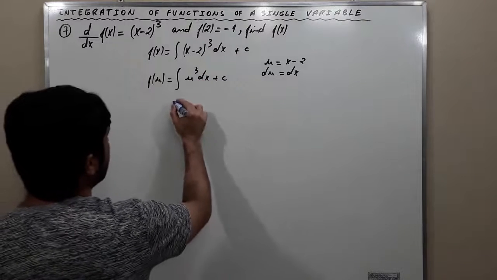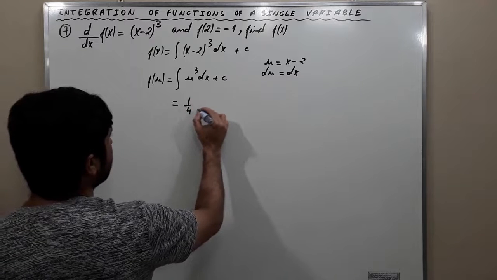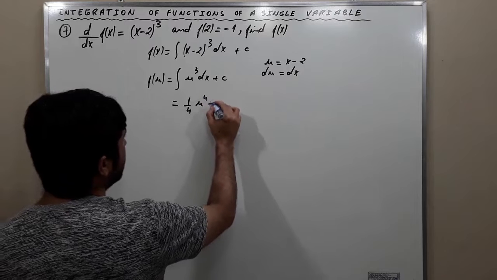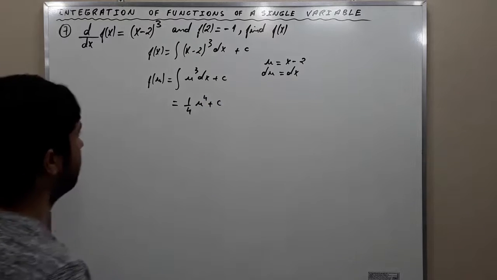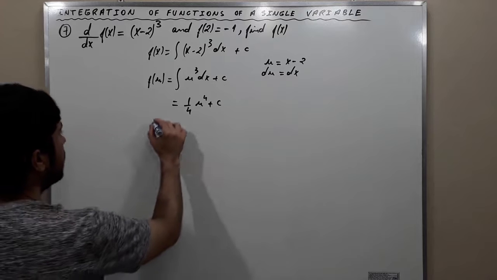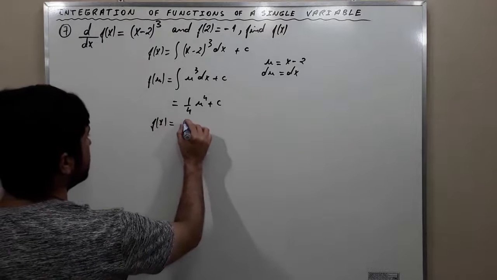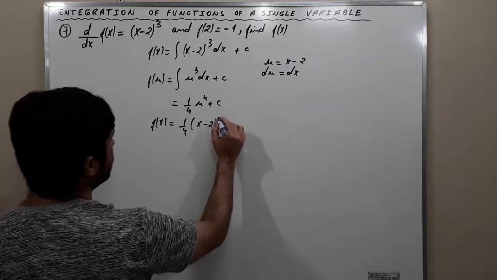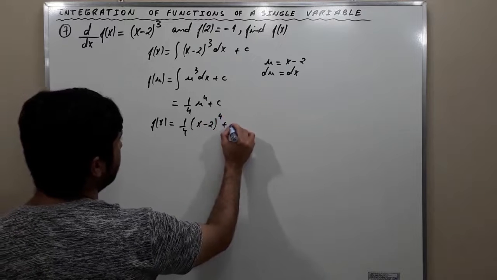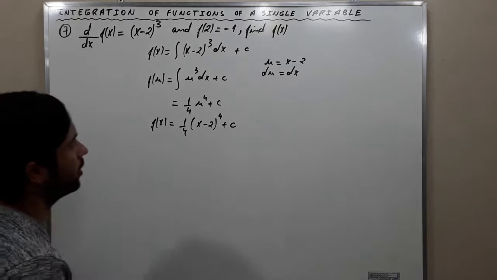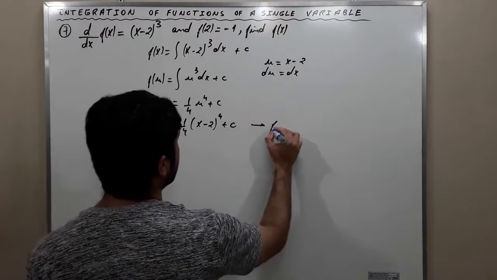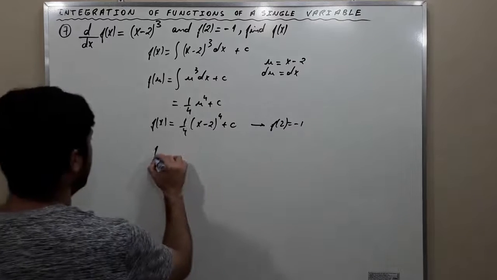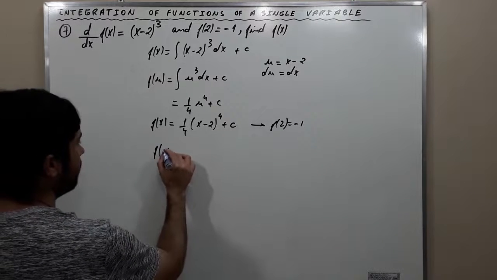And calculating this, we discover that the function is a fourth of u to the fourth plus c. And substituting back, we get that f of x is equal to a fourth of x minus 2 to the fourth plus c.